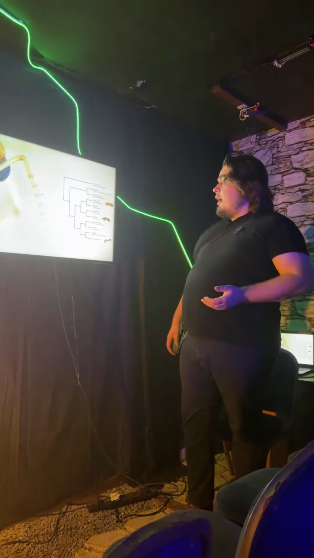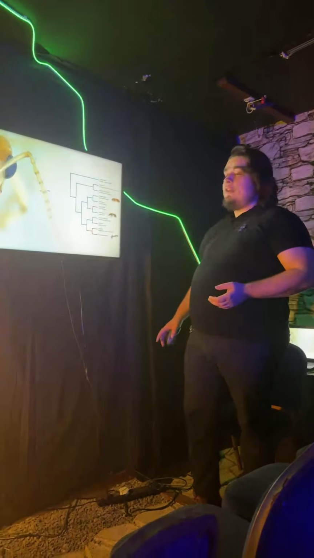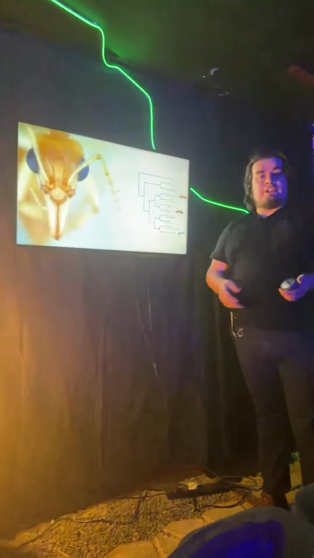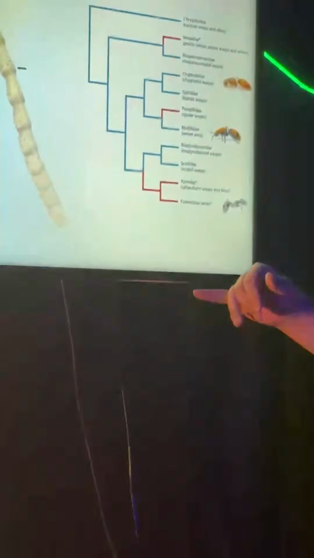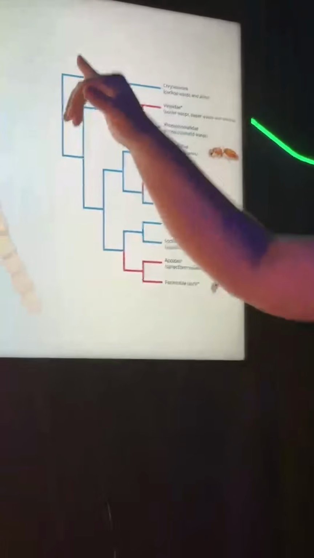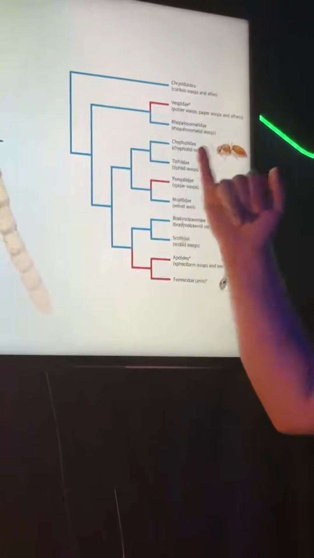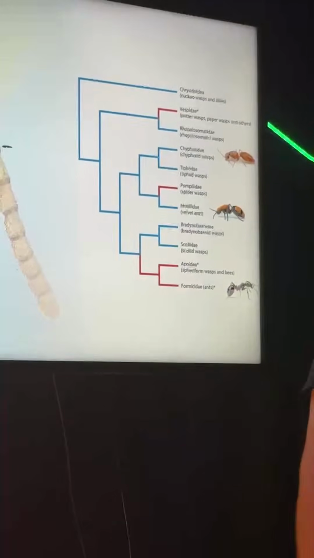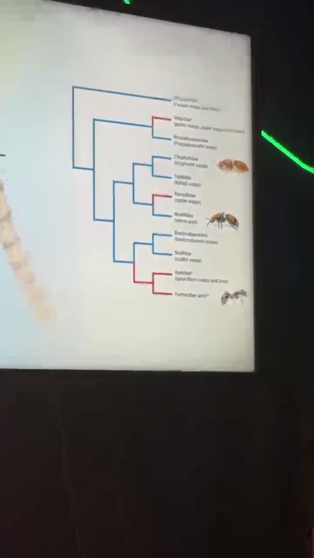So bringing this up again, as I mentioned, this is our basic phylogenetic tree. A lot of our initial species were more wasp-like ancestors, and that's where we would start up here. And when we were looking at the behaviors, a lot of those early species are actually parasitic solitary animals.